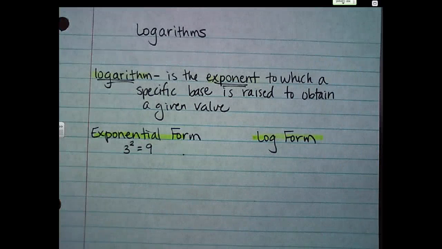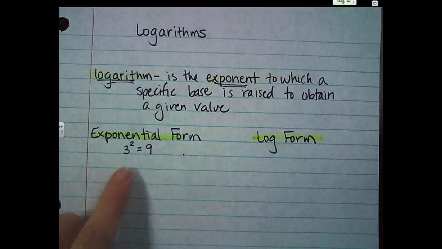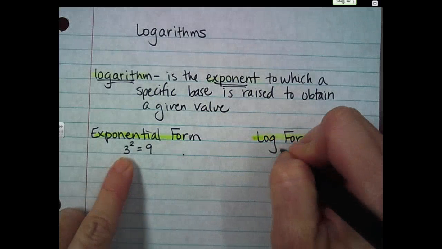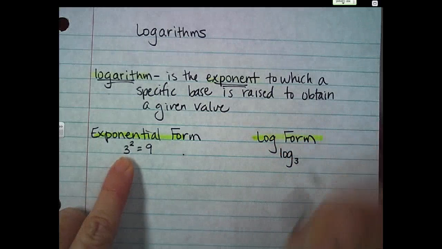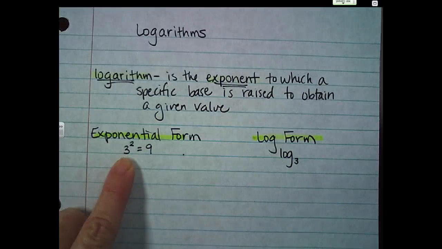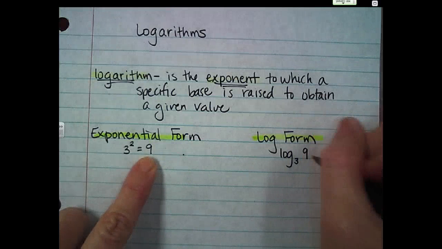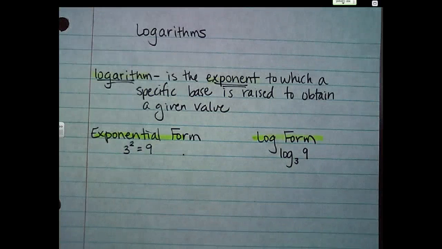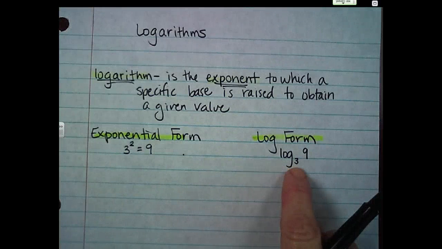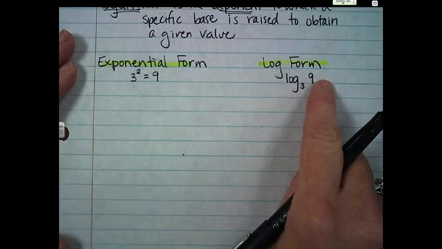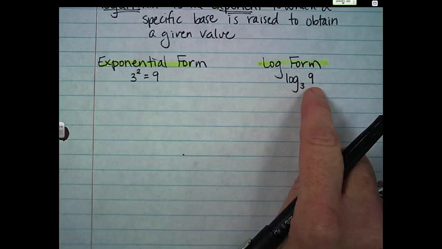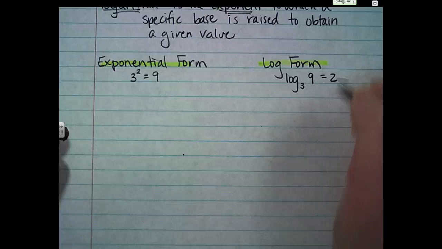But in log form, you write it with the same base. So what's the base of this problem right here? 3. So we're going to say, I want a log with a base of 3. Normally in exponential that's my answer, but here I'm going to say in 9. So how do I get from 3 to the answer of 9? What's my log? What's my answer? It equals 2. Right, you have 2, so that's log form.